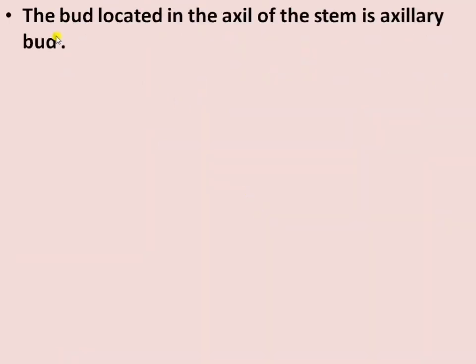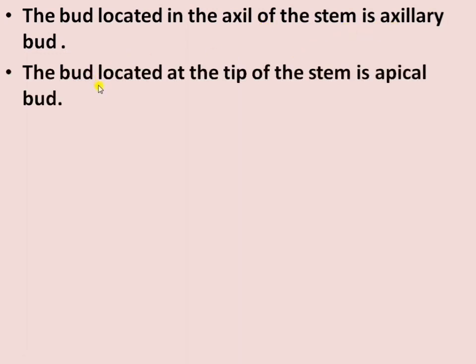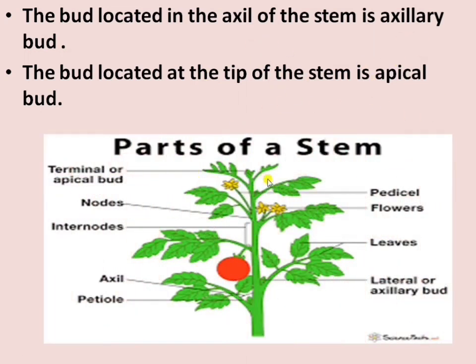Next, the bud located in the axil of the stem is the axillary bud, and the bud located at the tip of the stem is the apical bud. As you can see in this picture, there are several parts of the stem. The first is node.